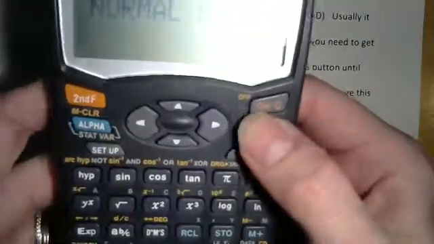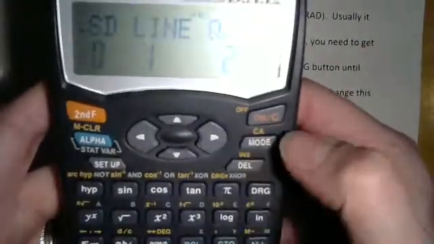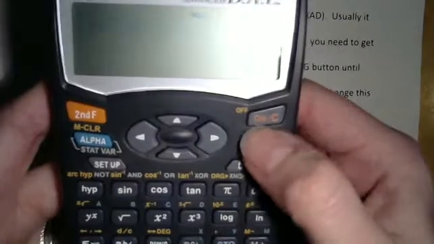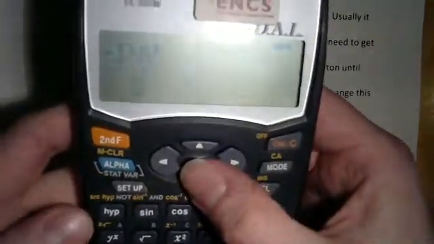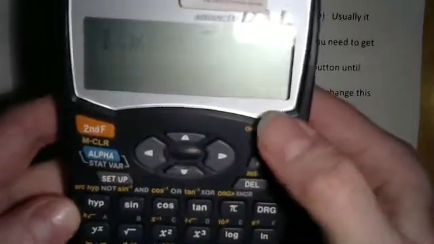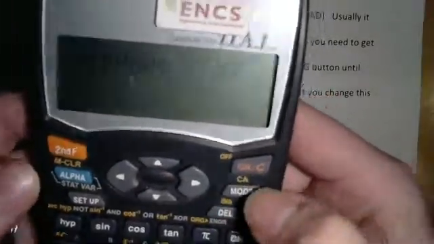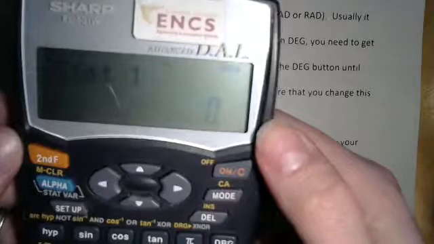You have to play around with your calculator.